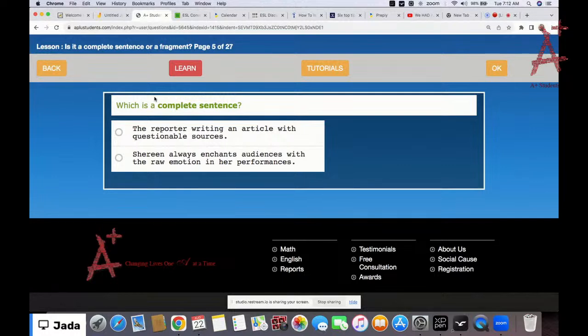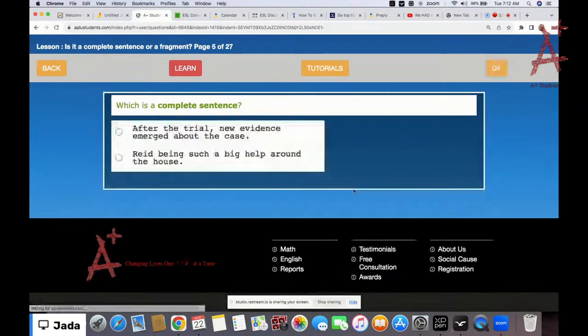If you say "the reporter writing an article with questionable sources," this is incomplete because it's actually missing something. When you read the sentence, you know that there's something missing. This other one is a complete sentence because it gives you a detailed explanation. It has both the subject and the verb.